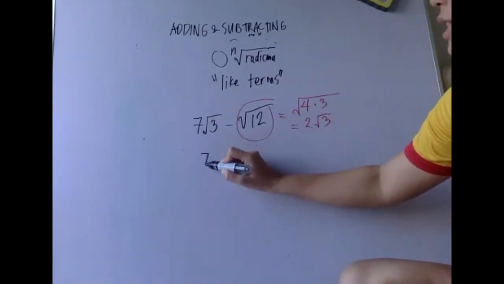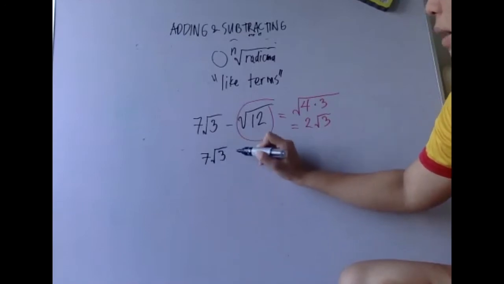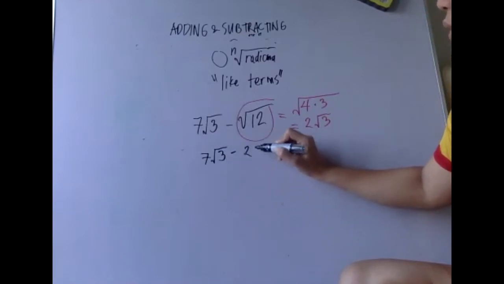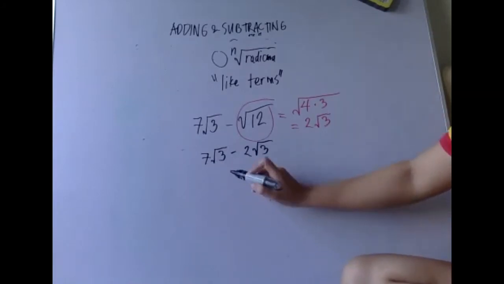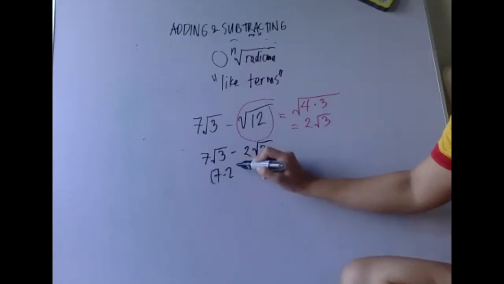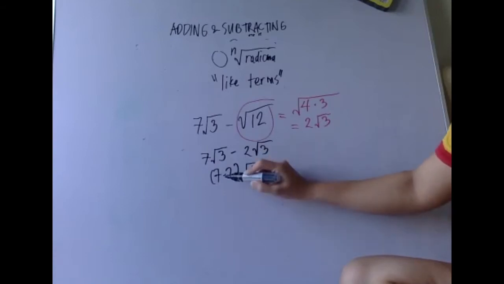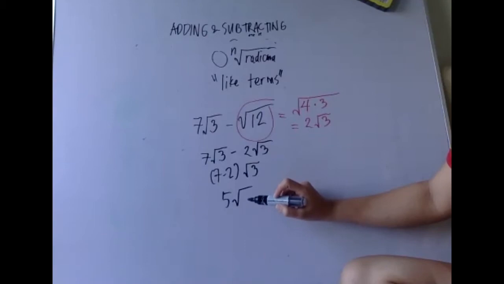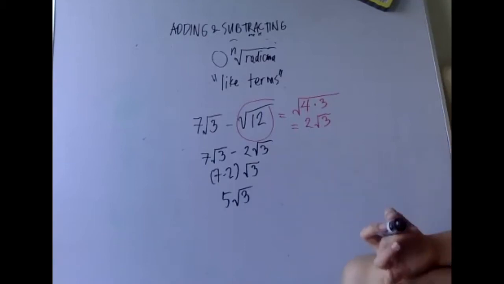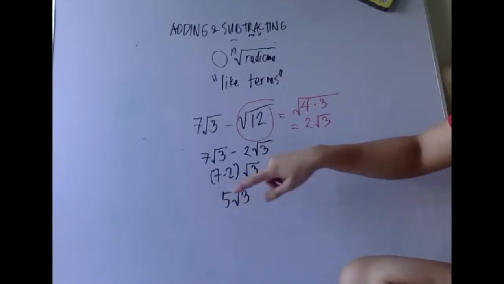So ngayon meron na tayong 7 square root of 3 minus 2 square root of 3. 7 minus 2, that's 5 square root of, tama ba? Yeah, 5 square root of 3. Okay, so ito na yung final answer.